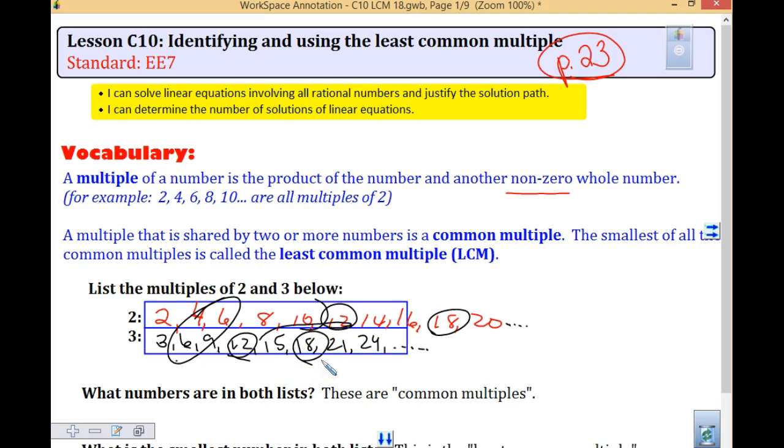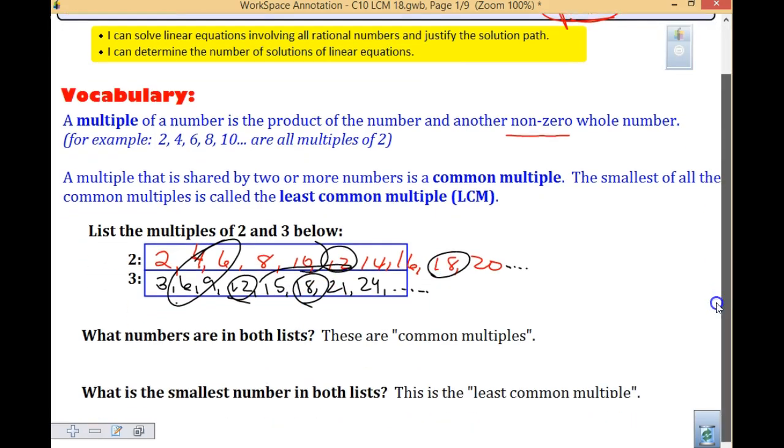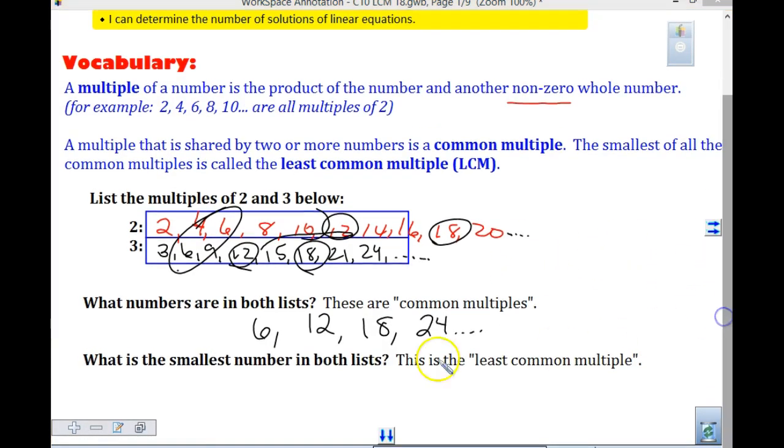Will there be more of them besides those? Yeah, so we had 6, 12, 18. The next one would have been 24, right? Keep going. Those are my common multiples, and the smallest of my list is 6, right? 6 is called my least common multiple.